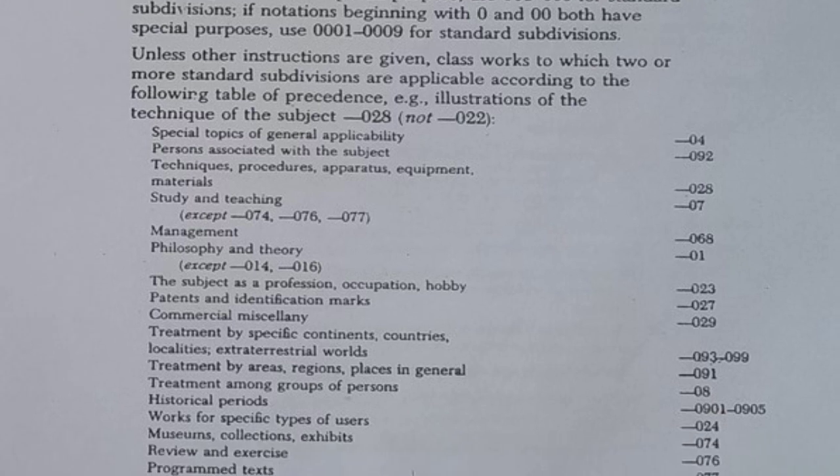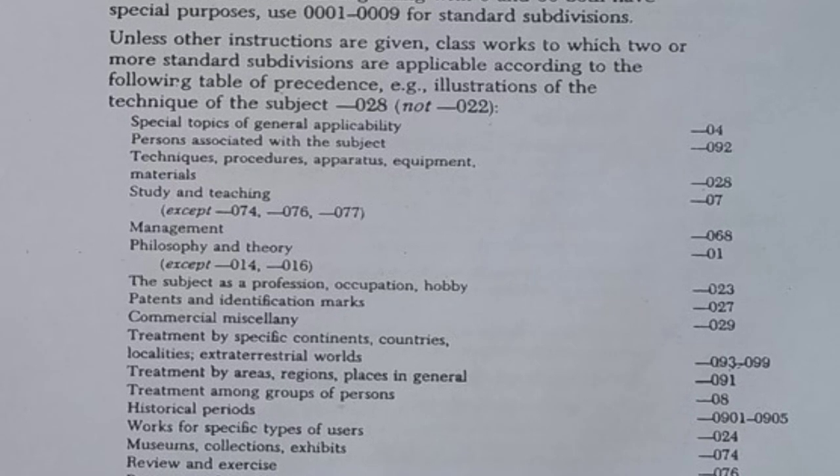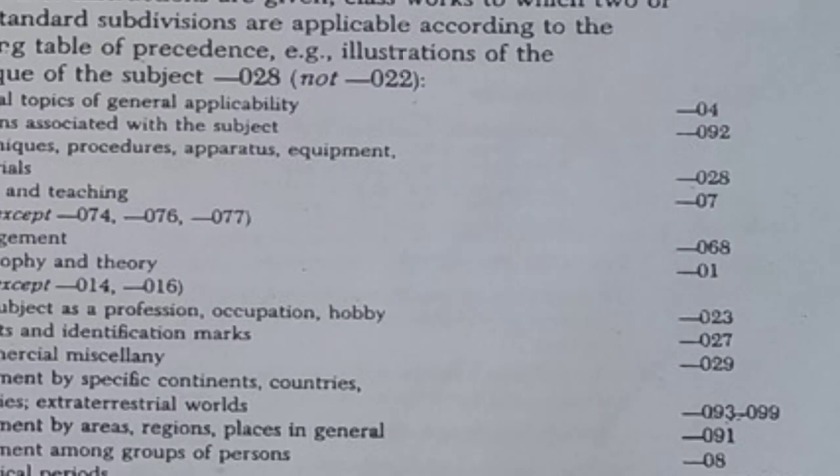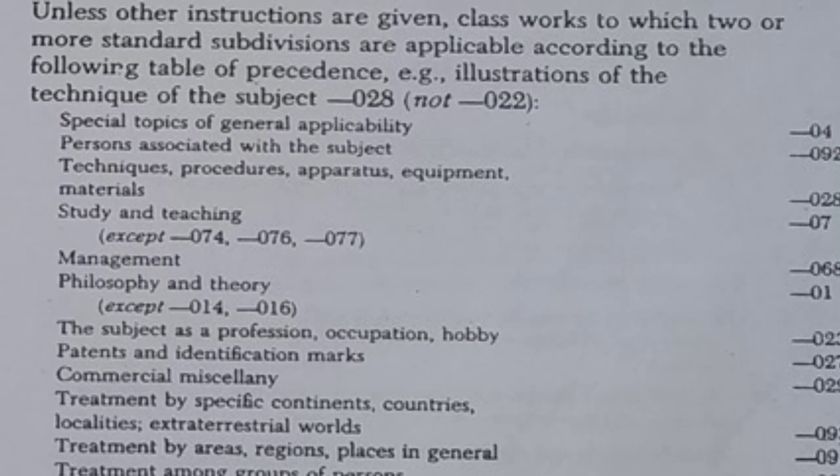Okay, here is the example given. In the table of precedence, the first notation is -04. It is more preferable, but in our case it is study and teaching -07.